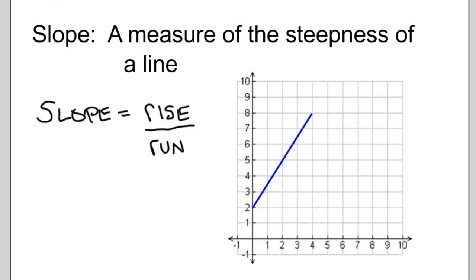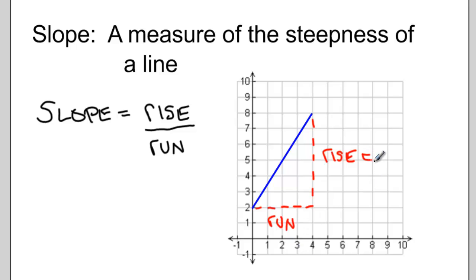So here's another graph, and if I want to calculate the slope of this line using the equation rise divided by run, I look at two things. I look horizontally and vertically at how far up the graph has risen, so how much it's increased, and how far over the graph has moved.